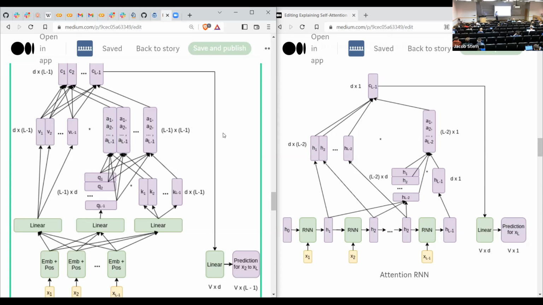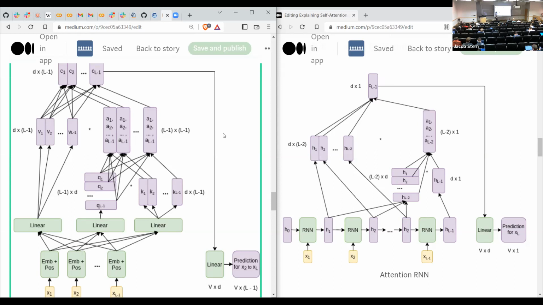and back propagate. And the way that we do that, if we want to trace this, the difference is we have a V by 1 output here in the attention RNN, and a V by L-1 output in the self-attention network. Where does that L-1 come from? Well, we had L-1 context vectors. And that came from the fact that instead of having an L-2 by 1 attention vector, we had an L-1 by L-1 attention matrix.